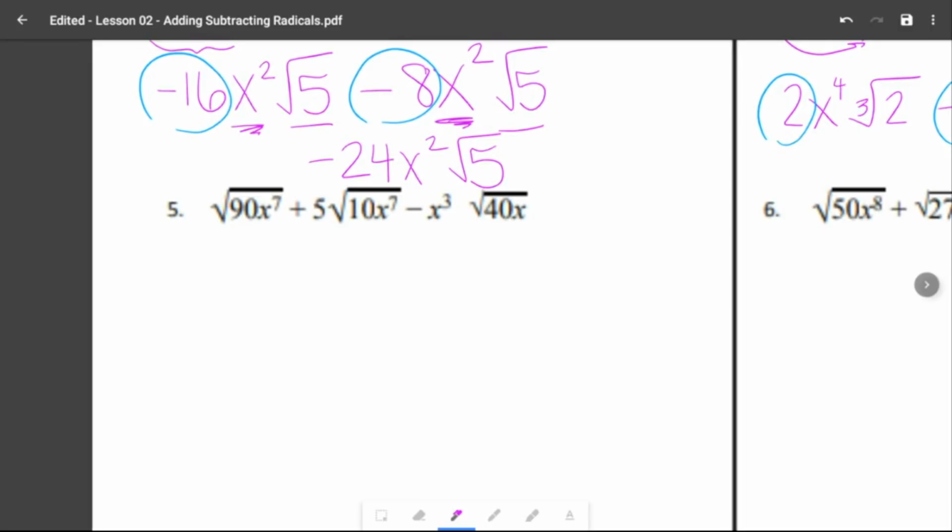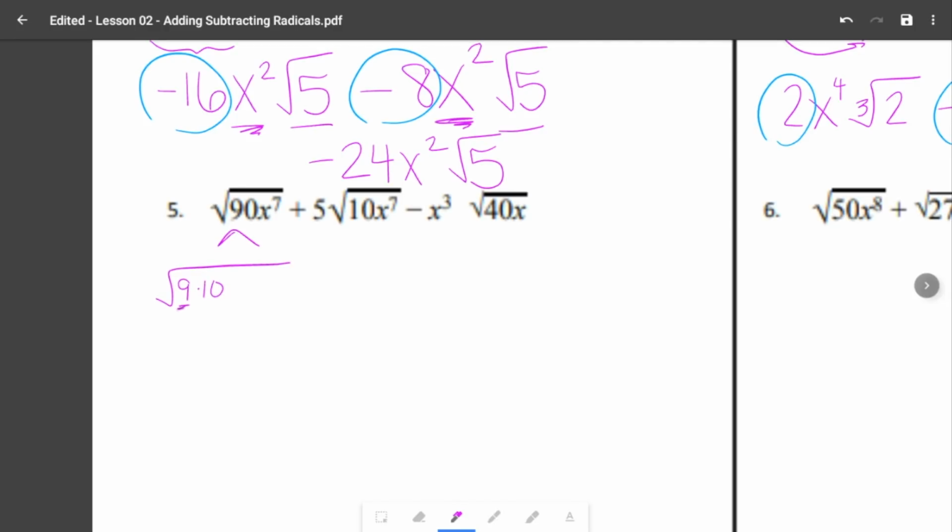All right, so simplifying this. Both the 90 and the x to the 7th are going to have to simplify here. 90 is 9 times 10, with 9 being the perfect square. A square root, remember, has an index of 2, so your goal is to have your exponent be a multiple of 2. So the closest multiple without going over would make it an x to the 6th.